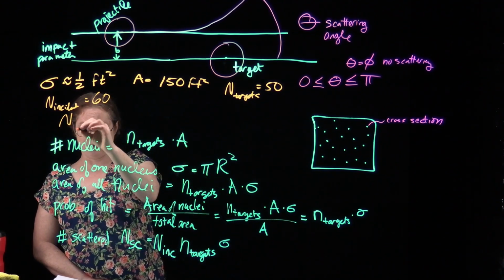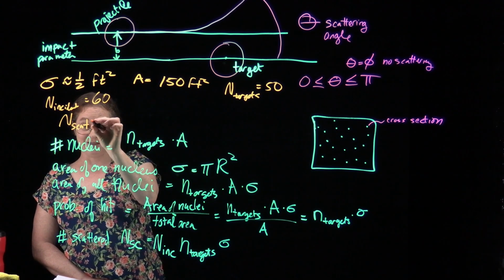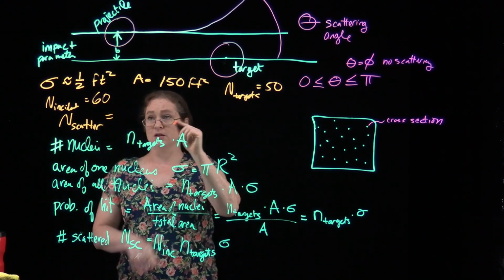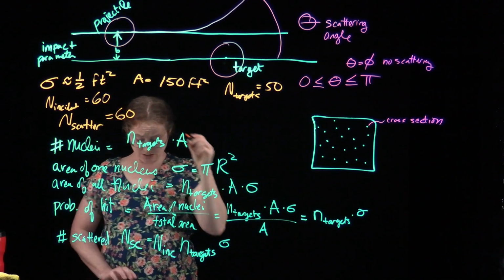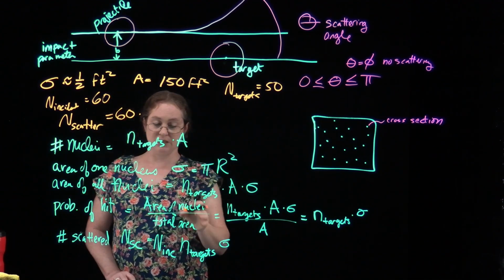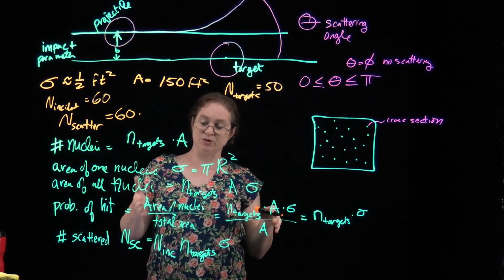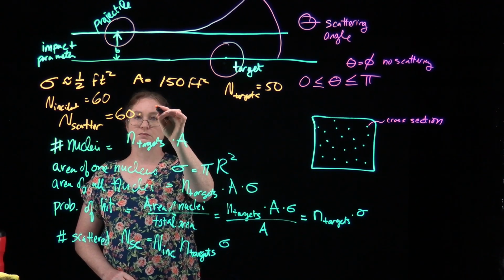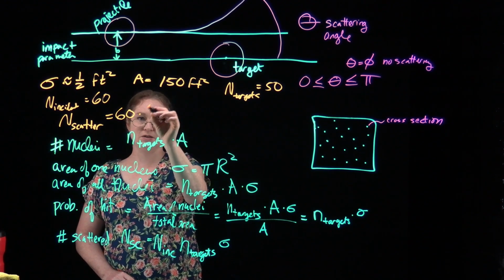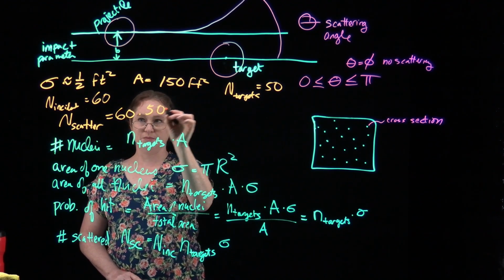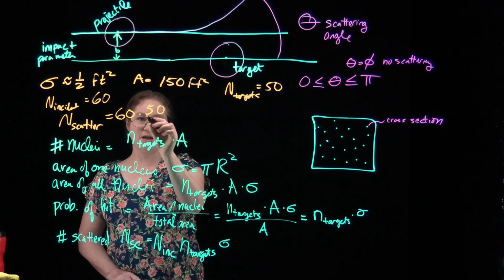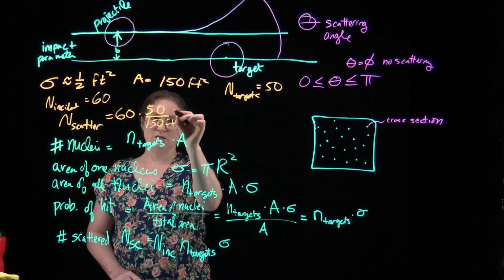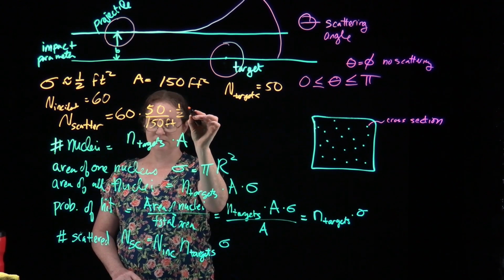So the number scattered, the number of bullets that are scattered off of the crows or hit the crows, is the number incident, 60, times the probability of finding one of those bullets finding a crow, which is the total number of targets divided by the area times the area of one target.